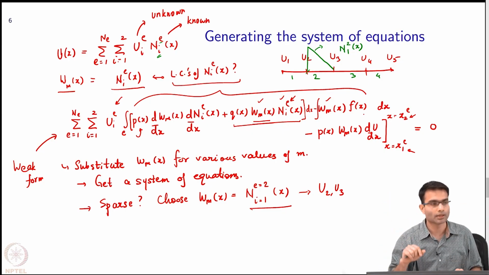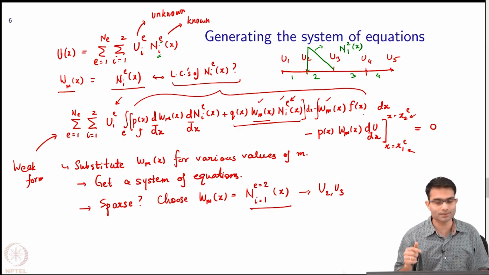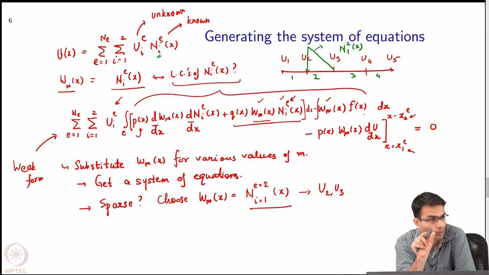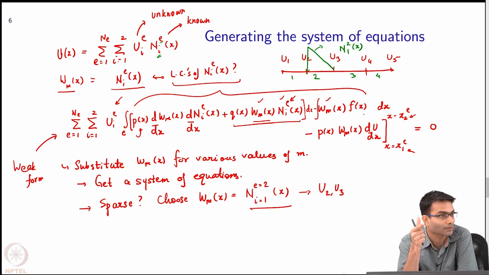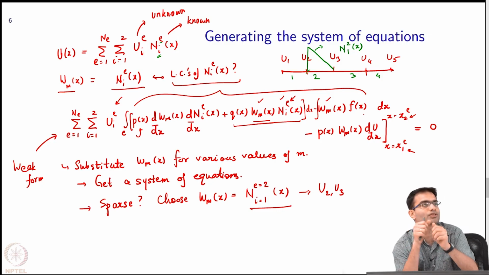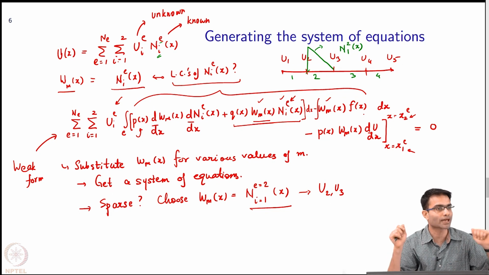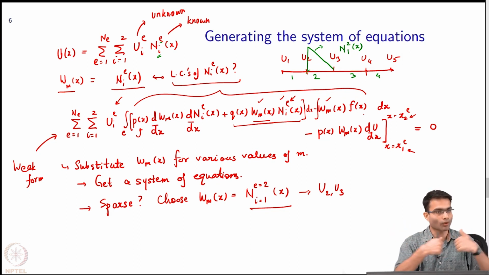Here you can see what is saving us is the fact that both the basis and the testing functions are subdomain. That is the first thing. The second thing, there is no Green's function which is non-zero over all segments. That was the reason why I got all non-zero terms.